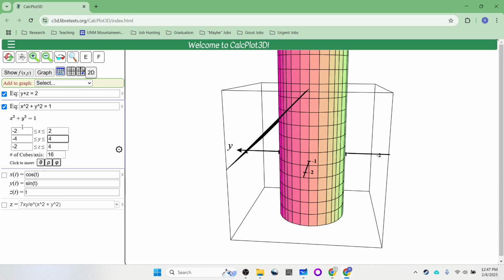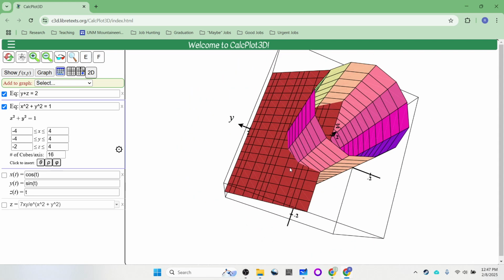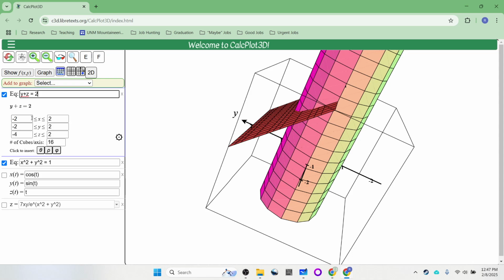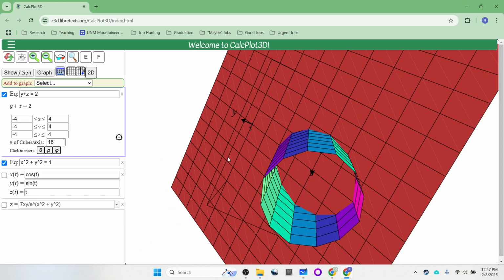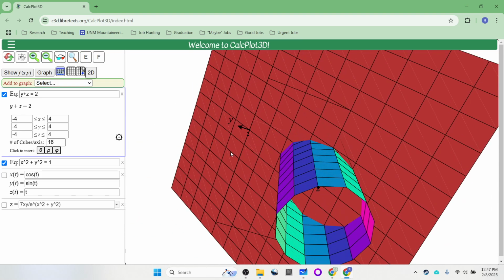You learn a lot just playing around with the sliders. That's still not working the way I want. Nothing ever works the way you want. All right, there we go. And we can see if we cut there, it looks kind of like a circle, but maybe it's not.